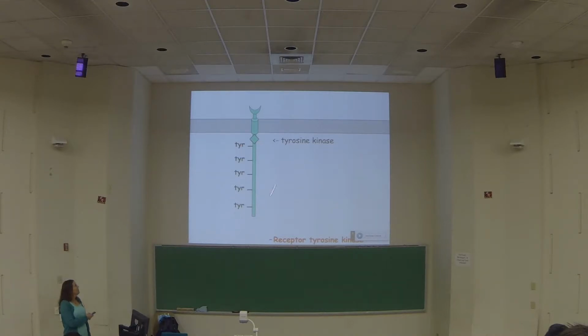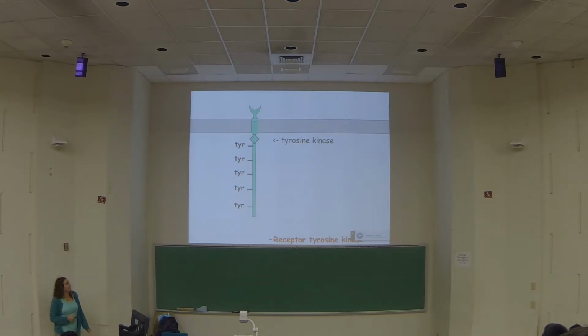And then on the other side, we have a portion of that protein that can act as a kinase. And then we have a long tail with a bunch of tyrosines. Remember, tyrosine is one of the 3 amino acids we talked about that these kinases phosphorylate. So in the same protein, we have a kinase and we have a bunch of tyrosines.